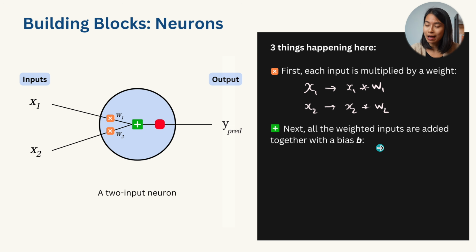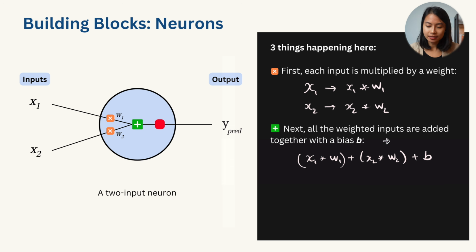So here we will have x1 times w1 plus x2 times w2 plus b, where b is the bias term. What does this bias term do? It essentially helps the neural network fit the data more accurately next to the weights, and this is similar to the bias term in a linear regression model.